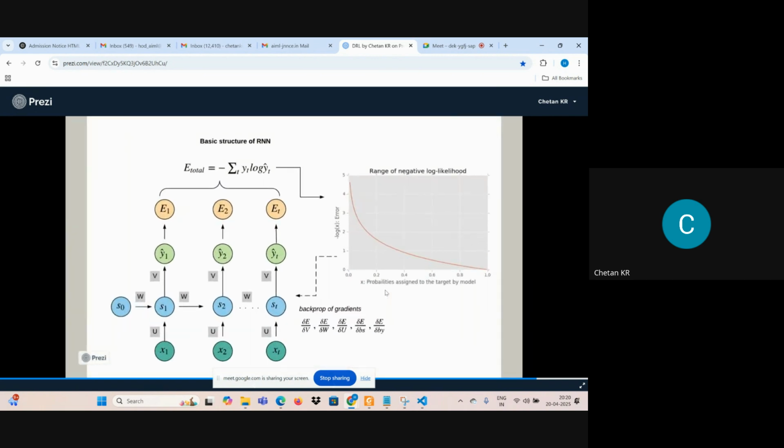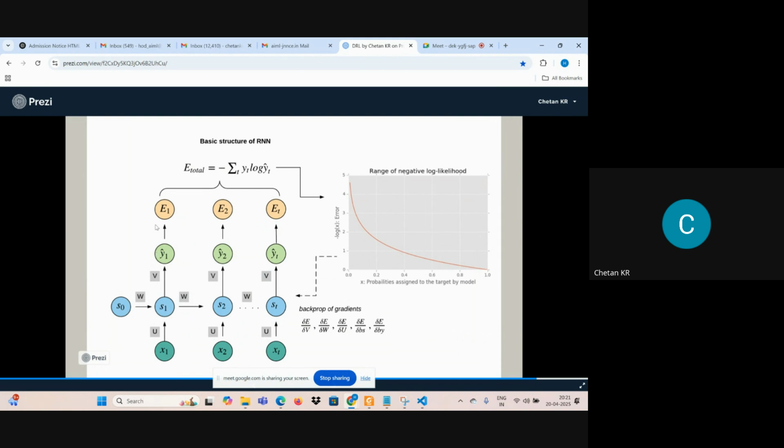So, as can be seen, it is time specific. What is going on here is x1 is our input, s0 is the previous state. You apply W, you get s1. You have to use 2 things to get s1: previous hidden multiplied with W, current input multiplied with U. Then from s1, when I multiply V, I get y1 cap, the predicted y1.